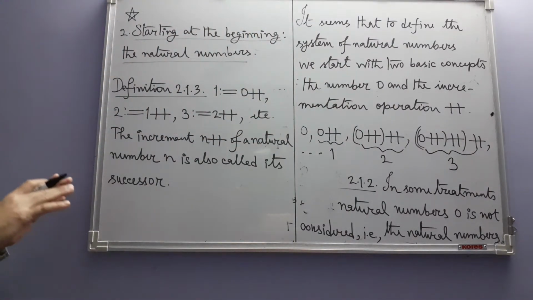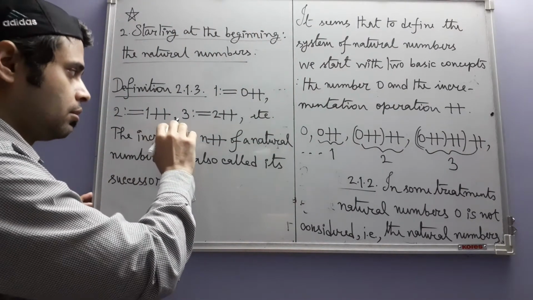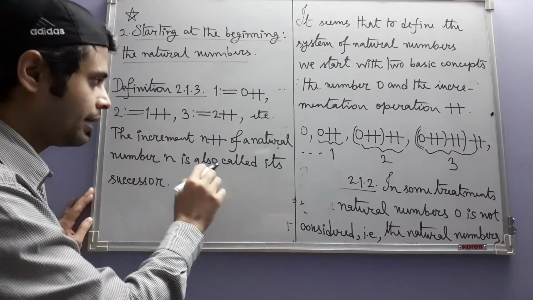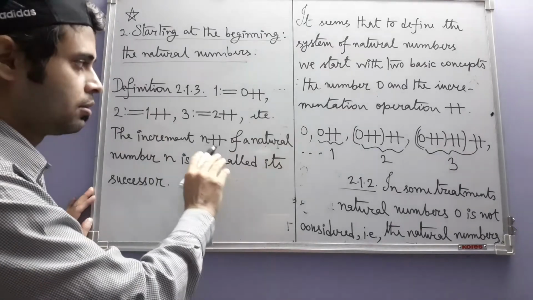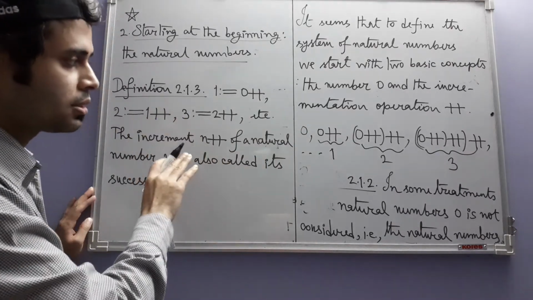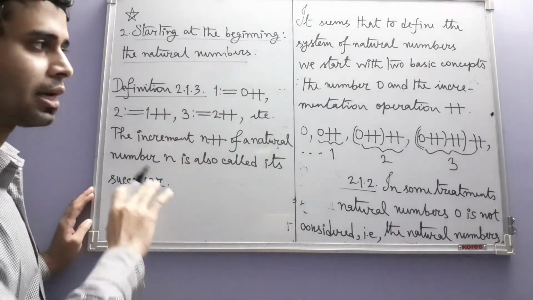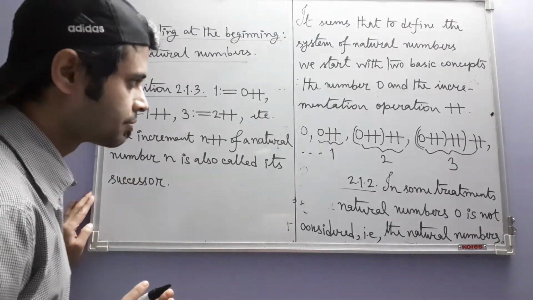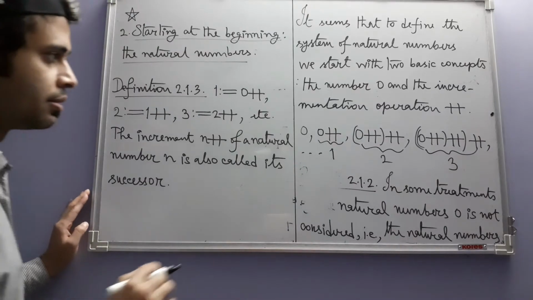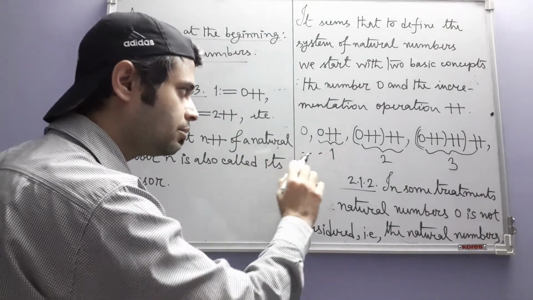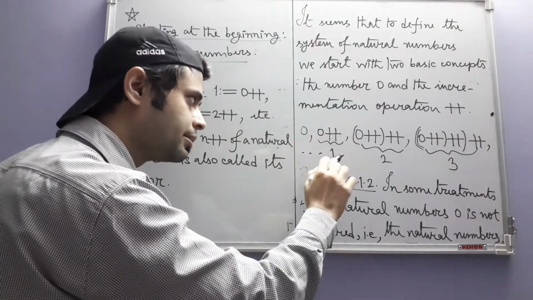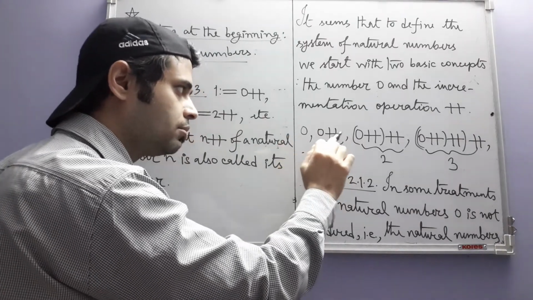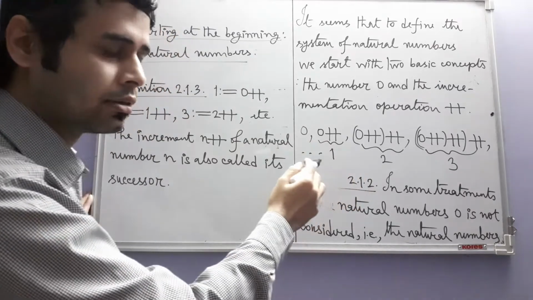Now this is where we use the decimal representation in writing these symbols. We use the decimal system to that extent only. No other knowledge of the decimal system will be used. And note one more thing, that we continue to think of these entities just like that: 1 is the successor of 0, 2 is the successor of 1.